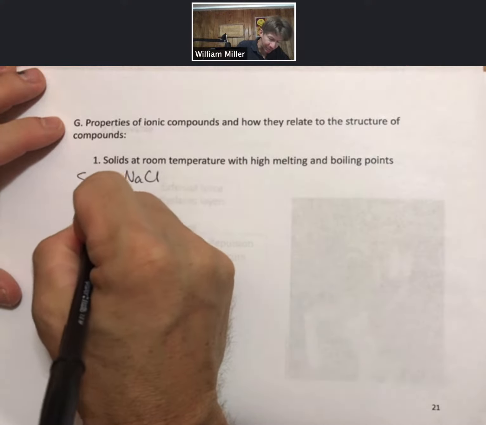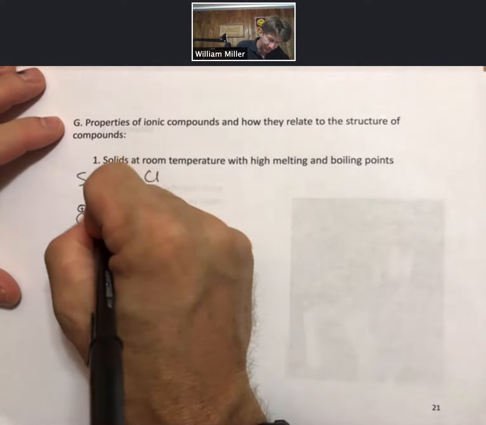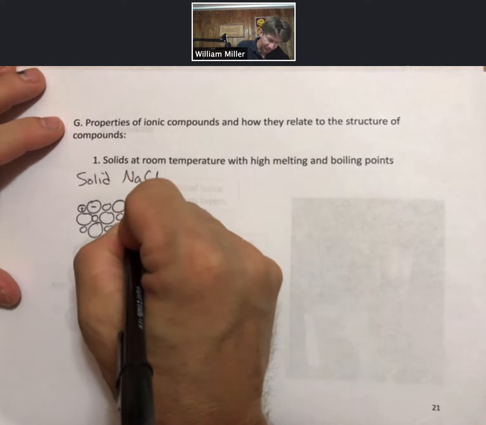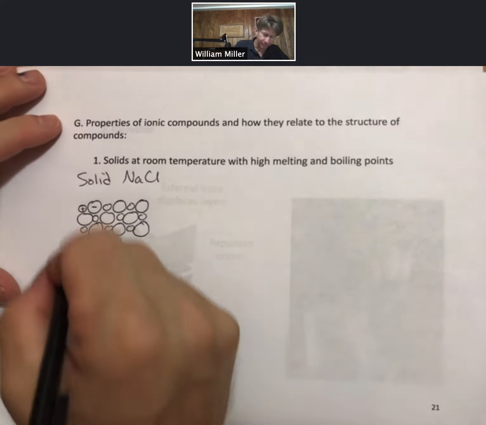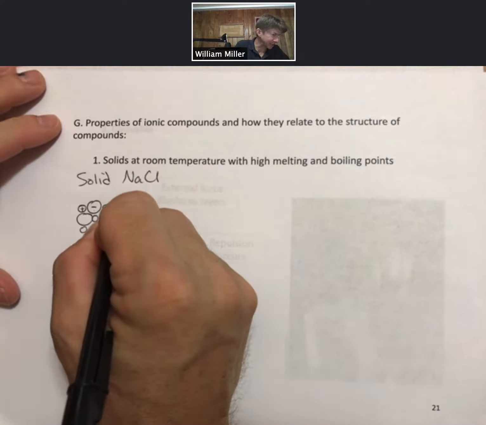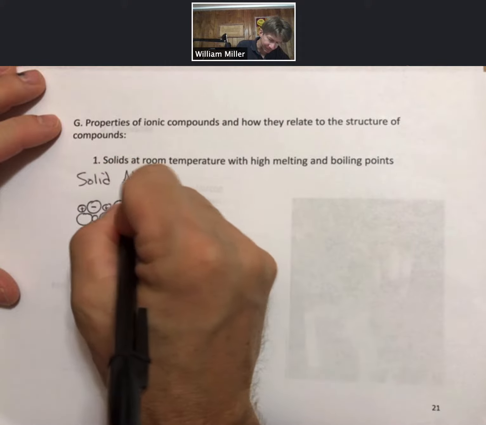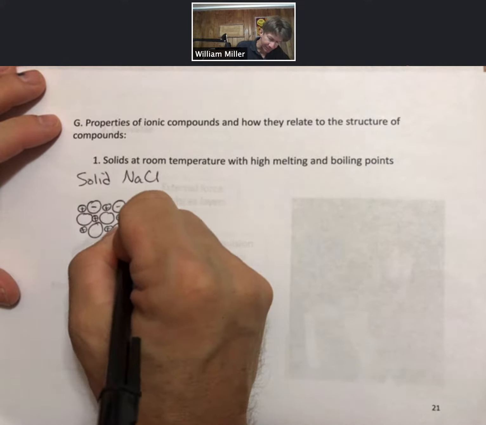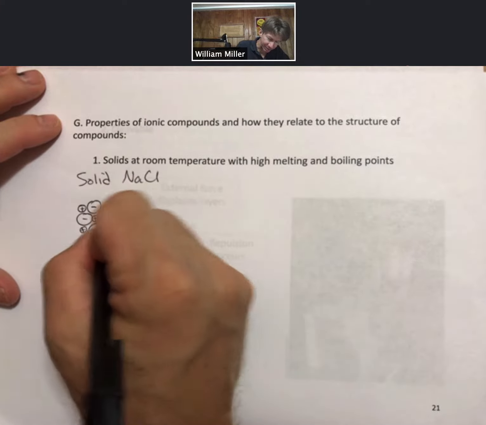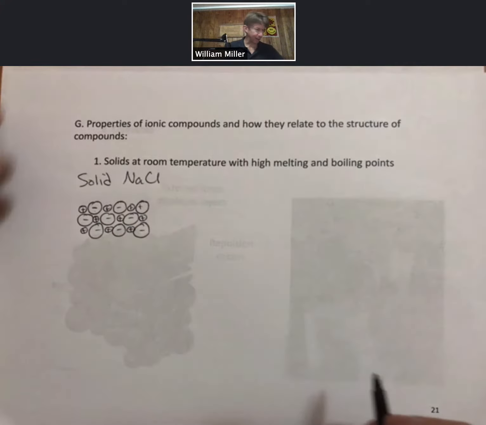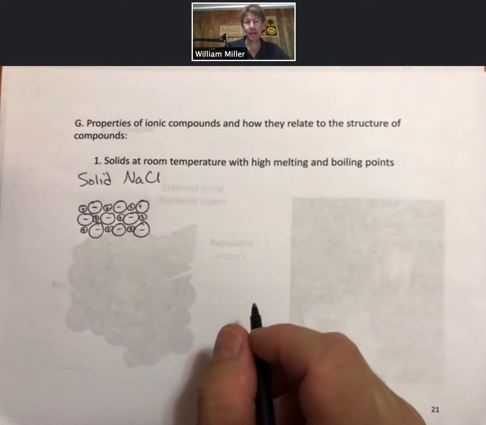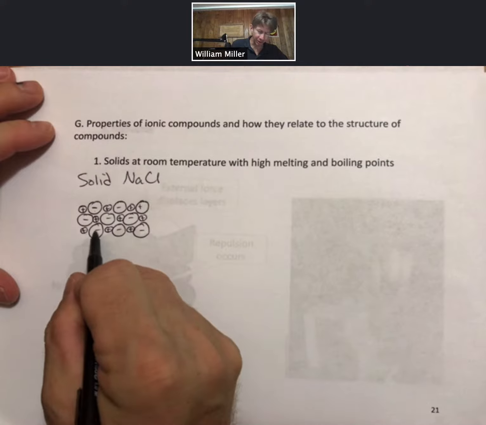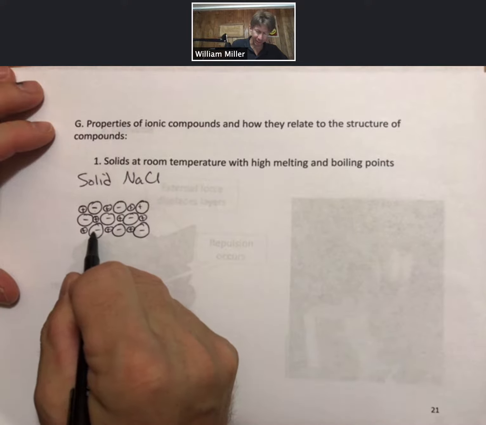Here we're sketching it in 2 dimensions: positive, negative, positive, negative, positive, negative. All the tiny ones are positives, and all the larger ones are negatives. This is a picture of solid sodium chloride, and there are strong attractions between the positive and the negative ions.